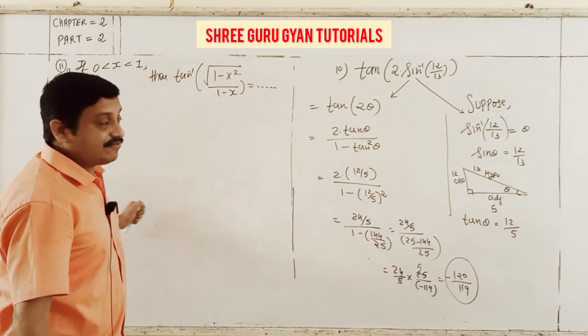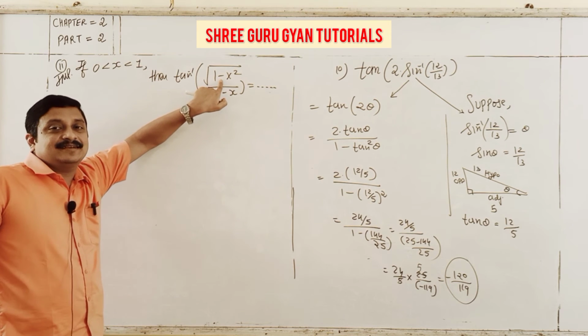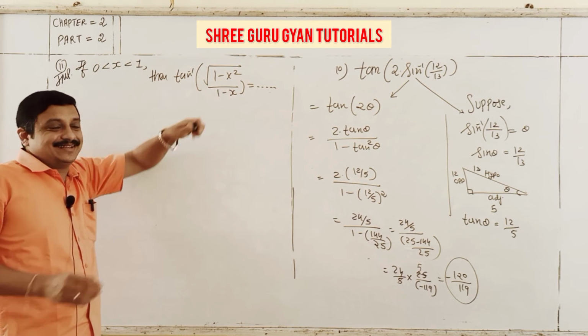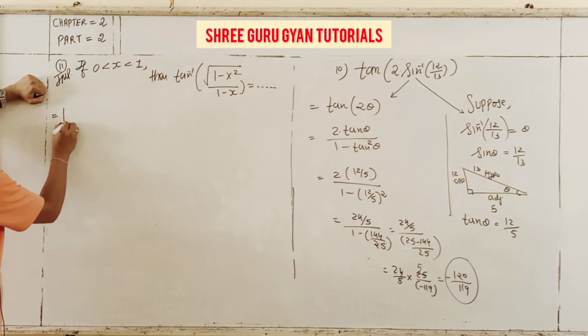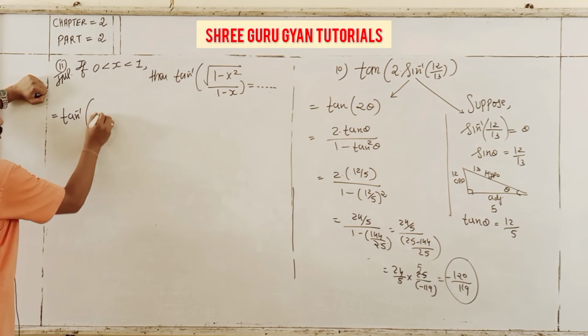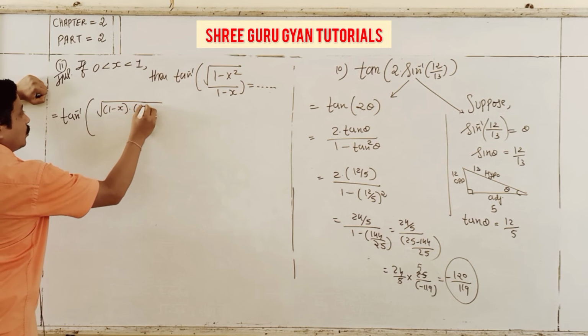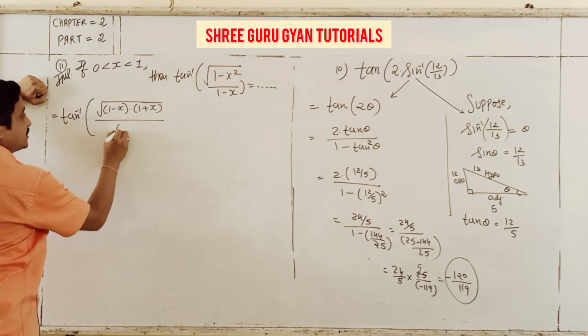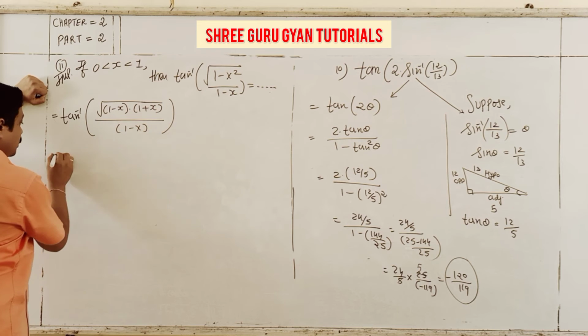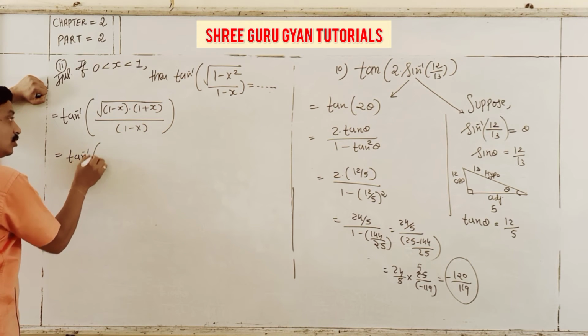Okay, first I define this under root 1 minus x square. So tan inverse under root 1 minus x into 1 plus x. Can I split the root?